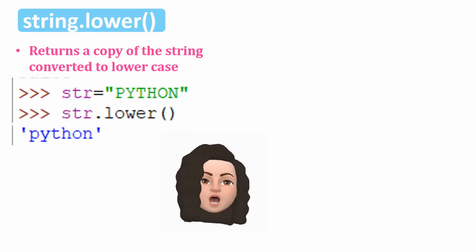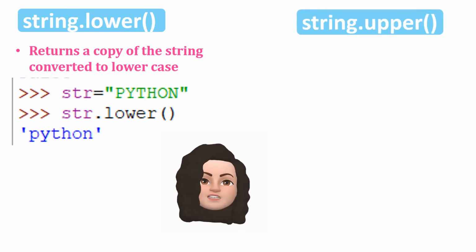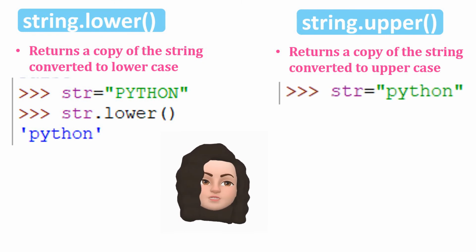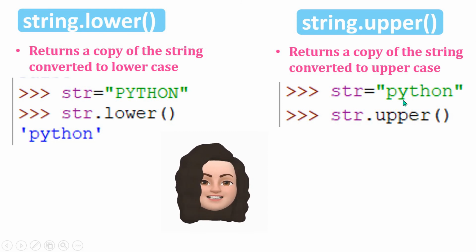Similarly, string.upper() will convert all the lowercase letters to uppercase characters. It returns a copy of the string converted to uppercase. So str is equal to python. Here all the characters are in lowercase. So the str.upper() function will convert all the characters into uppercase.